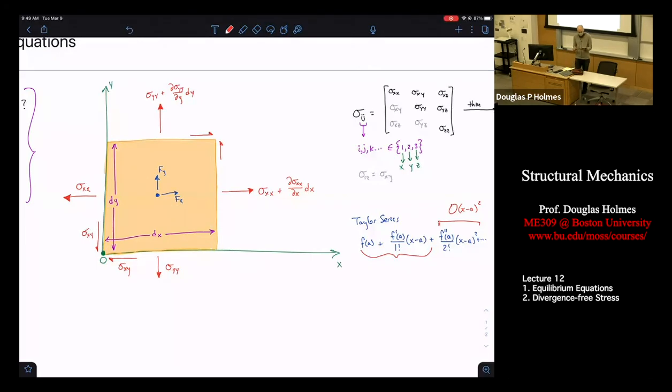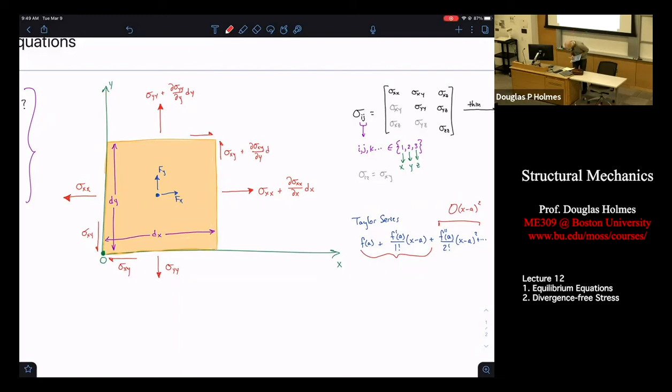The other two are perhaps a little bit trickier. Let me start with this one. This one's going to be sigma xy plus the partial derivative of sigma xy divided by dy times d.